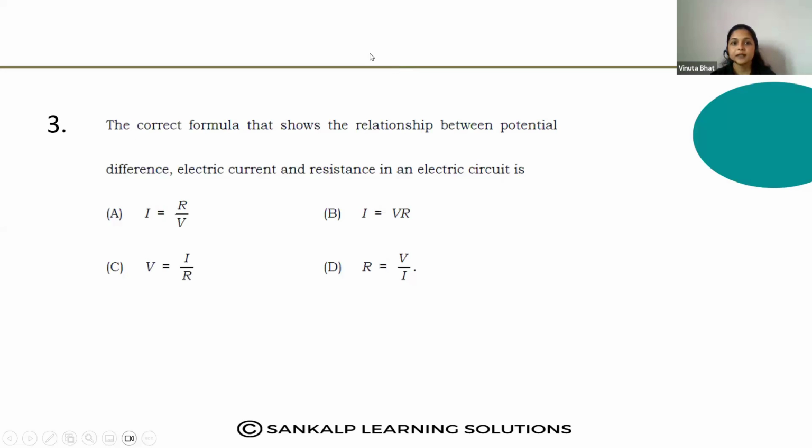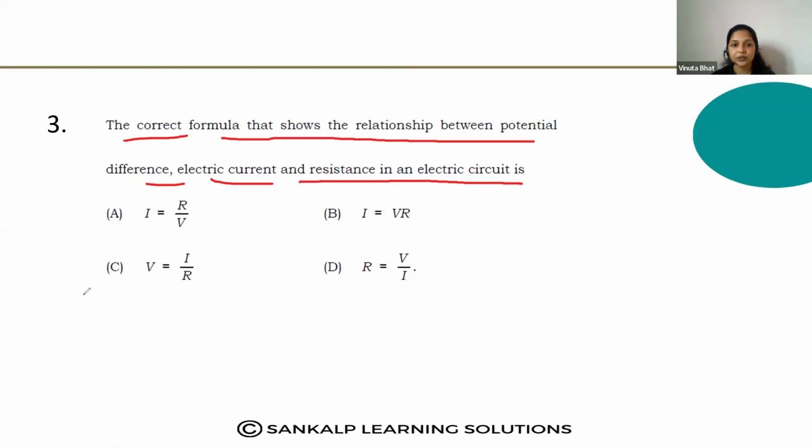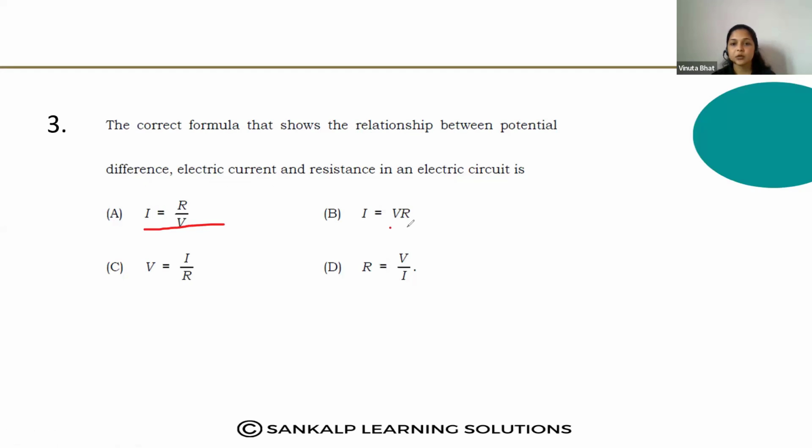Next question. The correct formula that shows the relationship between potential difference, electric current and resistance in an electric circuit is: I is equal to R by V, I is equal to VR, V is equal to I by R, or R is equal to V by I. The relationship between potential difference V, current I, and resistance R is V is equal to IR.